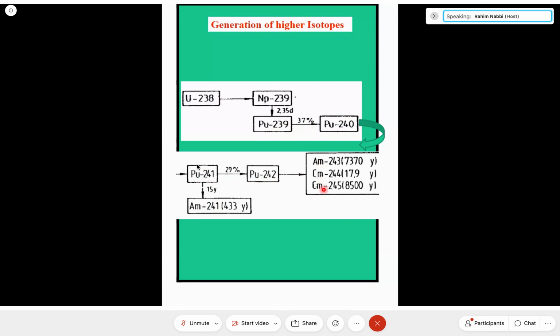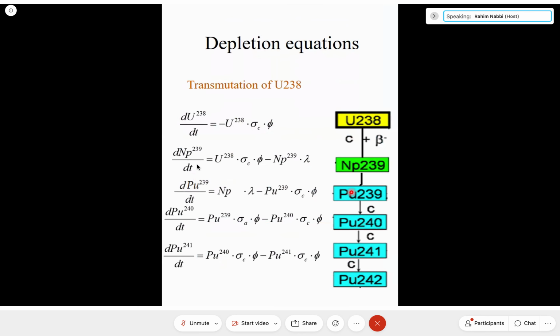I said before, they are minor actinides with very long half-lives. So in equation, we discussed that. Remember, that is exactly the path starting from uranium-238 to plutonium-242.